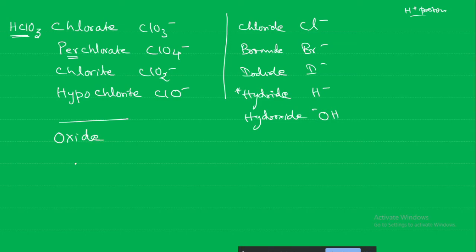Oxide. Whenever we say oxide, what comes to mind? Oxygen. Oxygen we write as O2, no? O2 2 minus, but that is the mistake. Oxide is not O2 minus. Here it is only O. But when you say peroxide, this is O2 with 2 minus on top.